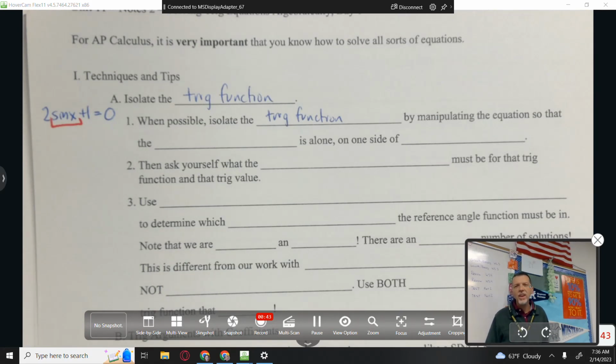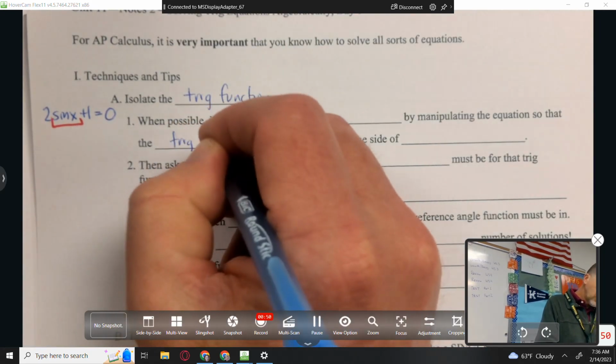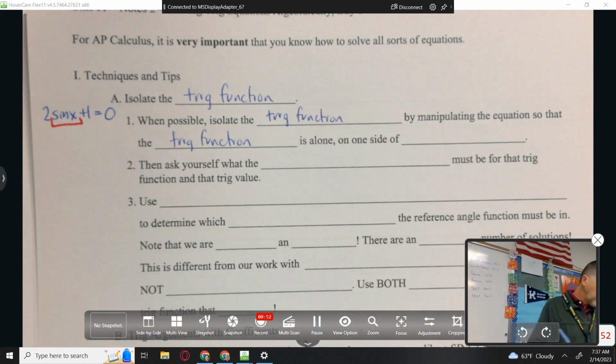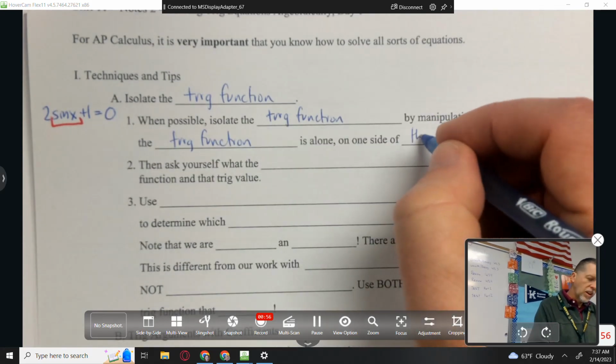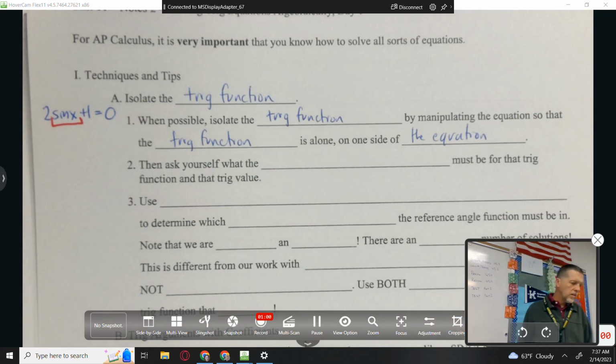Get that thing by itself by manipulating the equation so that the trig function is alone on one side of the equation. This is like solving for x or y or anything else, where you're going to add things over, subtract things over, multiply, divide, square root, whatever, to get sine of x by itself.